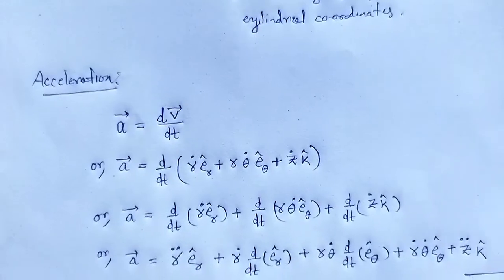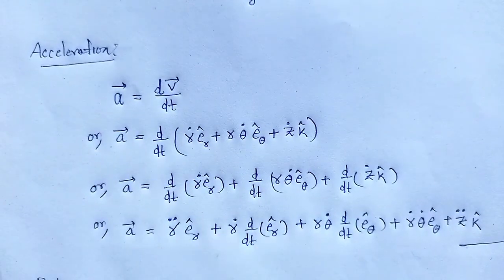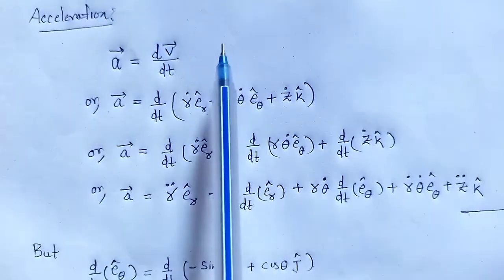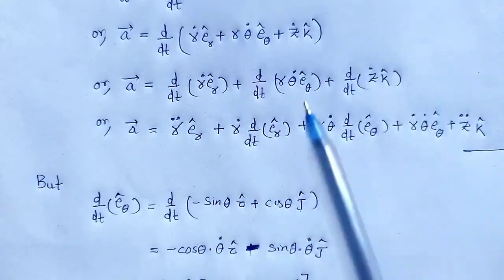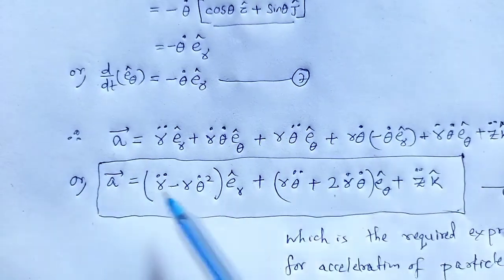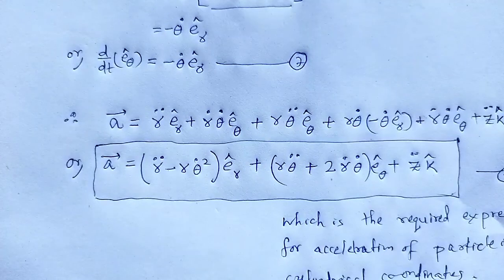Then using this velocity expression, we derived the acceleration in terms of cylindrical coordinates, since acceleration is nothing but the rate of change of velocity, and putting in the respective mathematical terms, we finally found the expression for acceleration in terms of cylindrical coordinates.